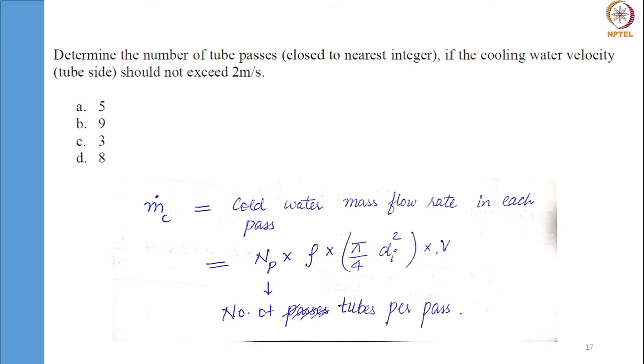So how many tube passes should I take for this condenser if the water velocity is kept to a maximum of 2 meters per second? You can take a hint from what I wrote here.